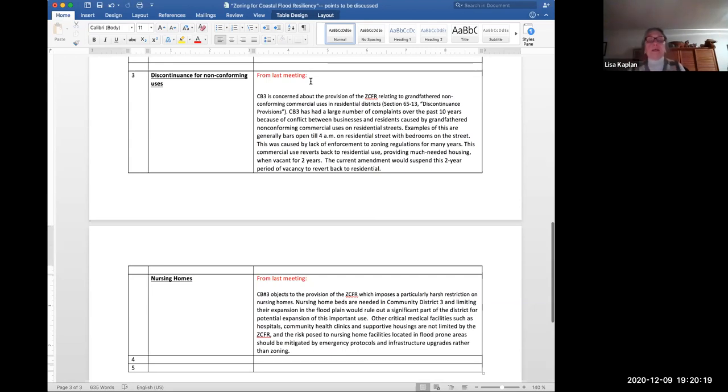So I think the thinking was that we should not allow an extension, because it would not help us reduce the number of bars and restaurants existing in residential zones where they otherwise can't exist under the zoning. Sorry, I don't think I made that any clearer.